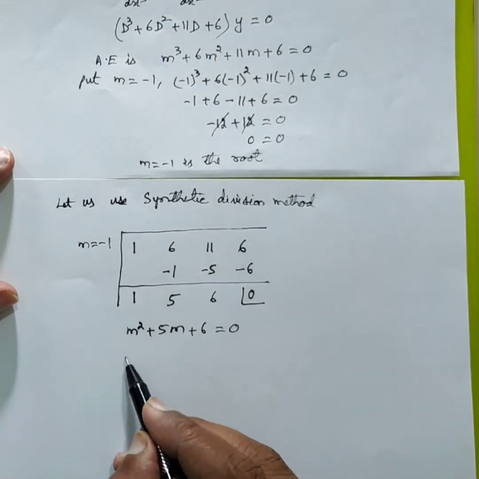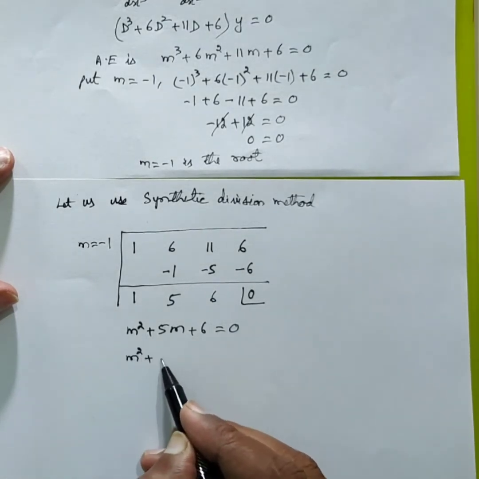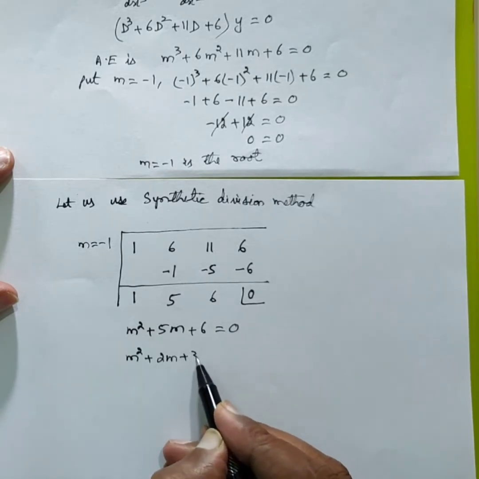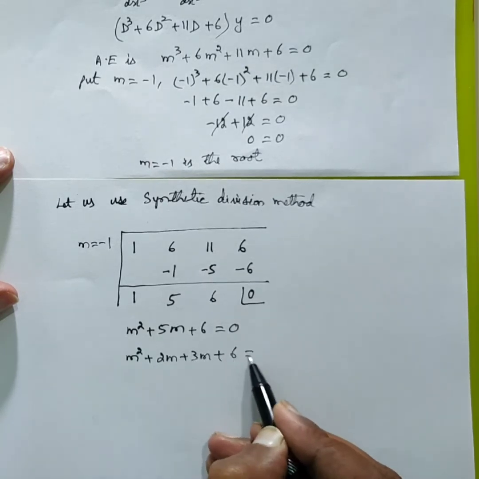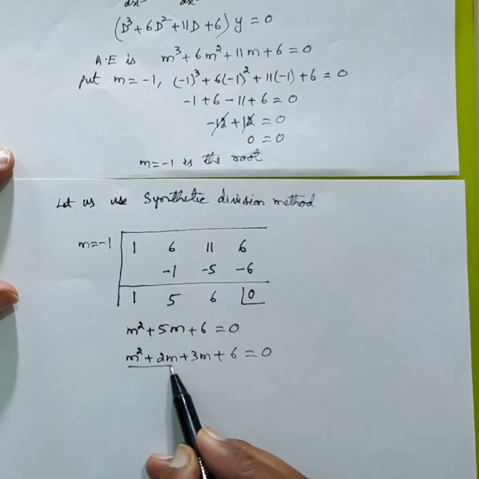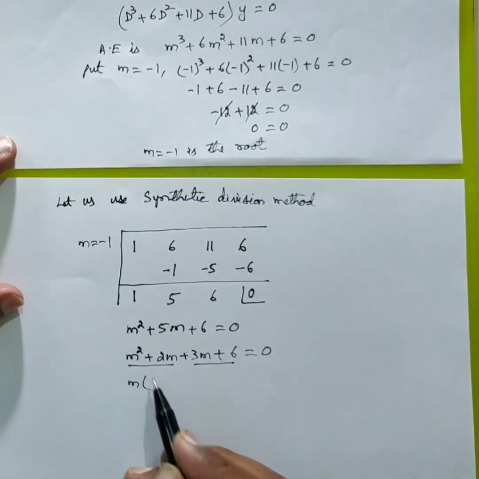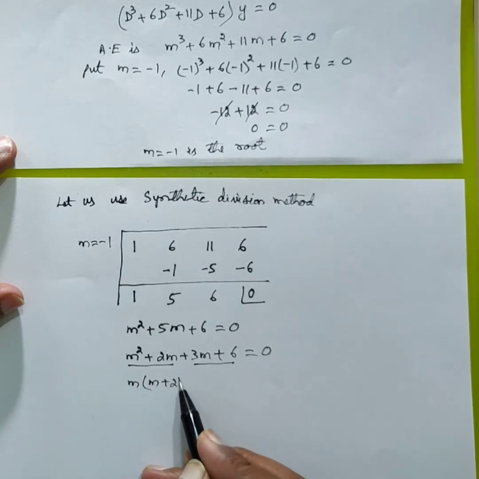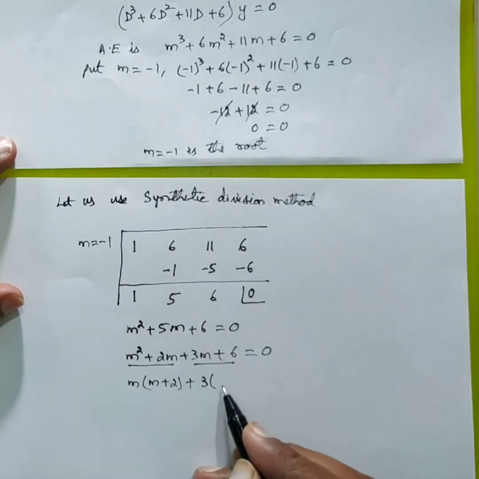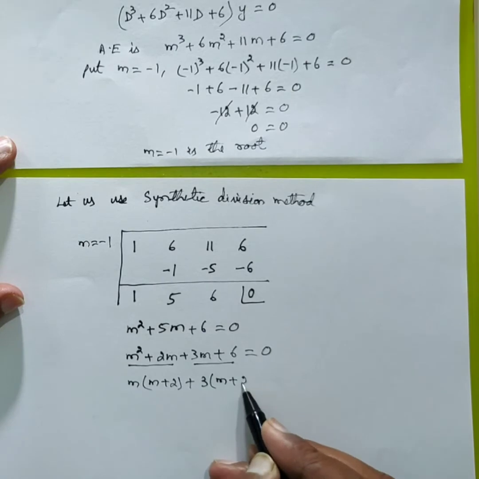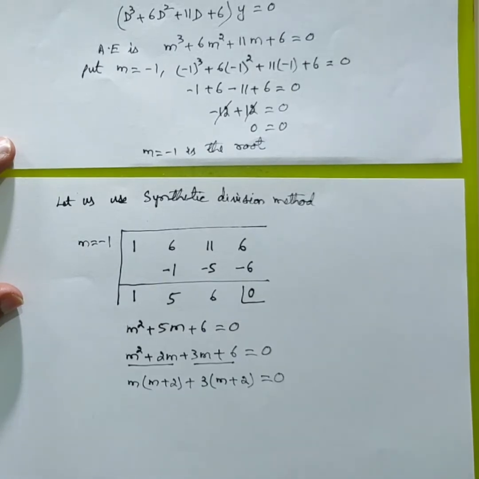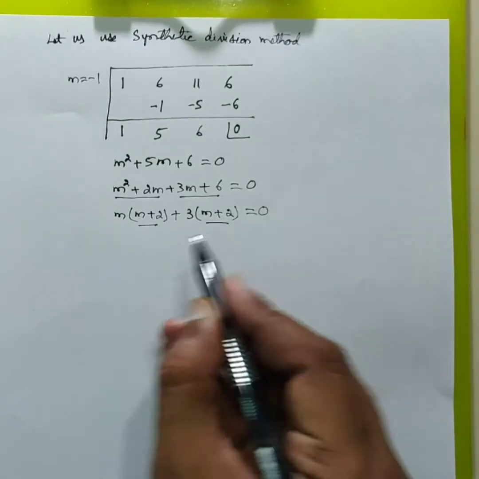If you try to factorize this one, it becomes m square plus 2m plus 3m plus 6 equals 0. You can group the first two terms and the last two terms. m is common, you will get m plus 2. Here 3 is common, you will get m plus 2 equals 0. You can see here m plus 2 is common.